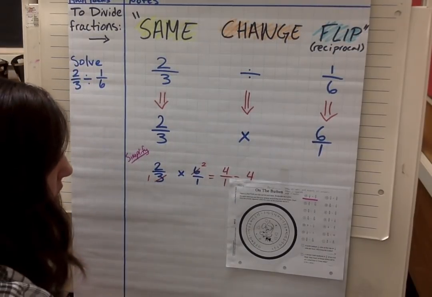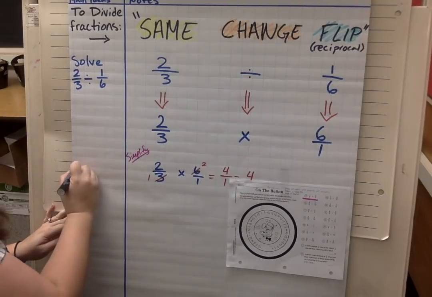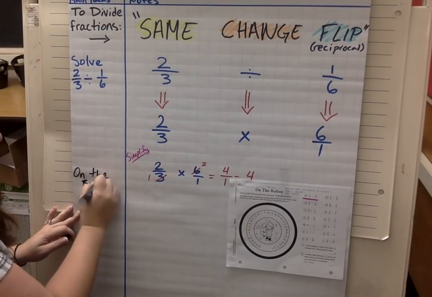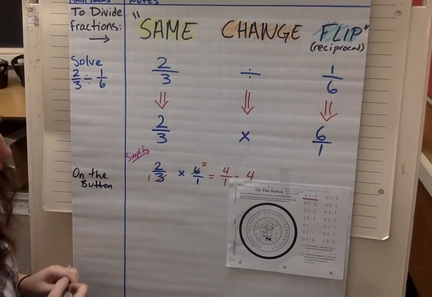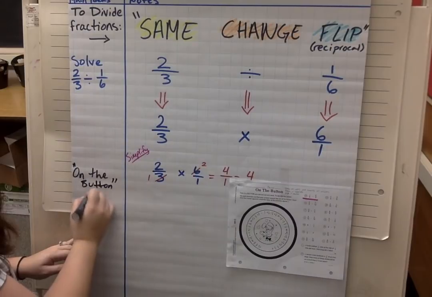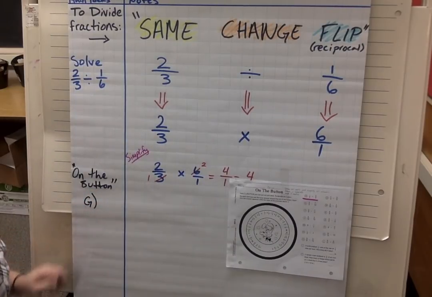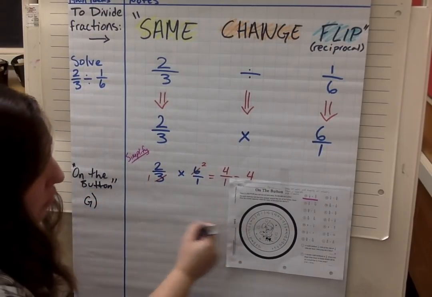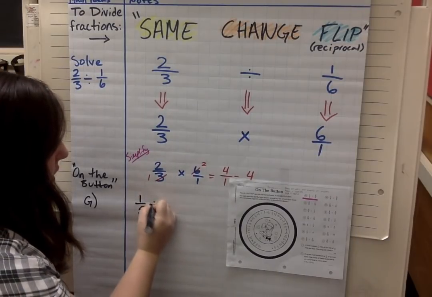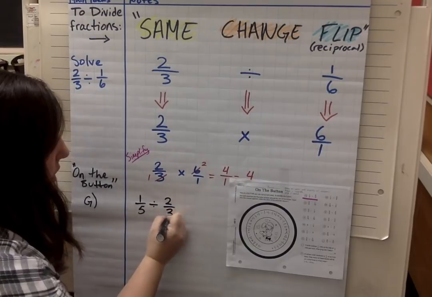So let's write on the button. That's what the worksheet is called. And we'll put that we're doing G. So G is 1/5 divided by 2/3.